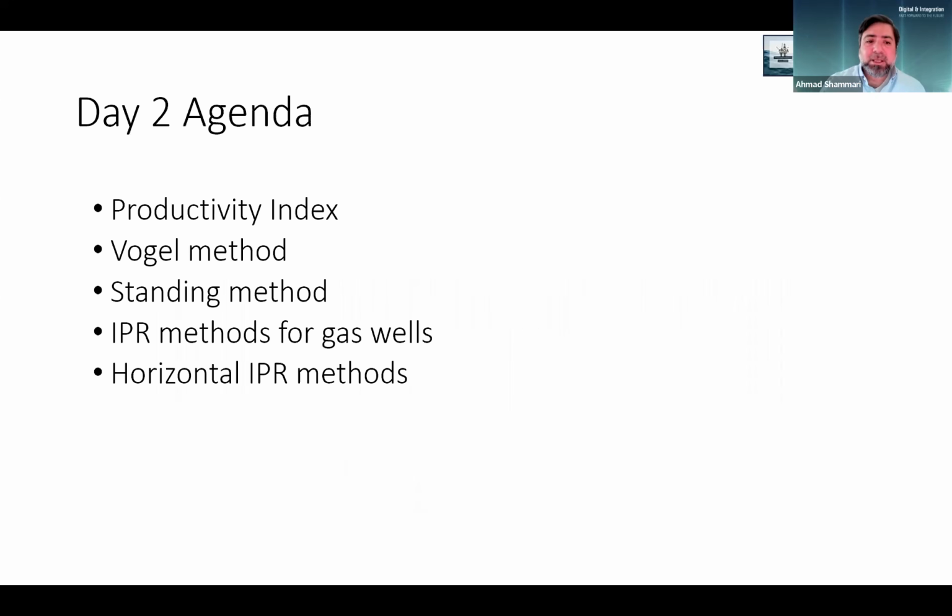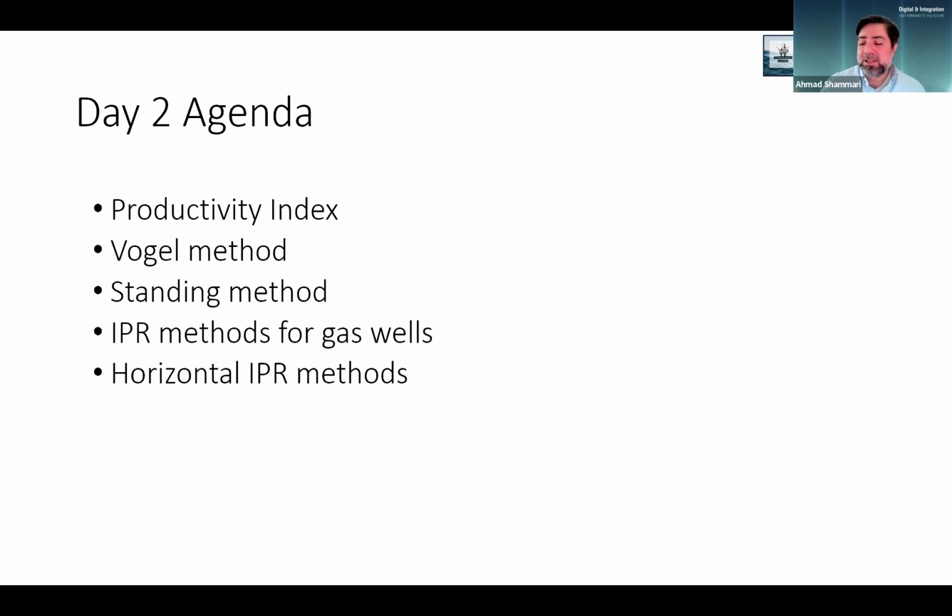So today, this is the agenda. We are going to show these different methods. We'll be talking about the most famous one, the productivity index. Then we are going to talk about the Vogel method and the Standing method.